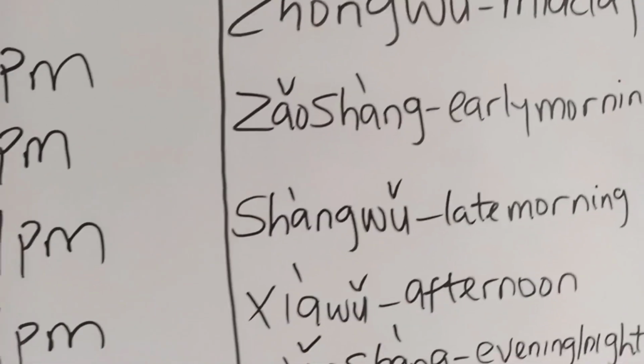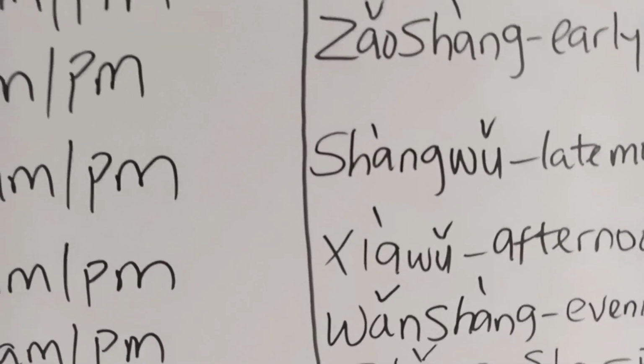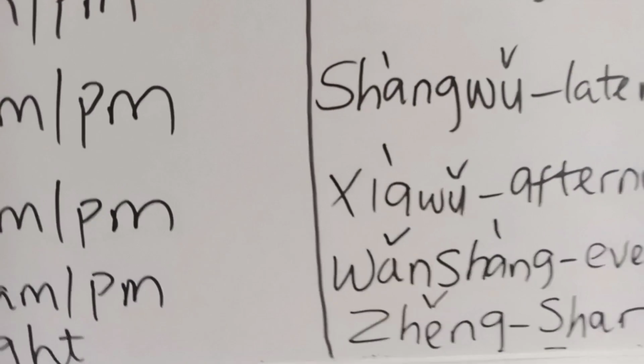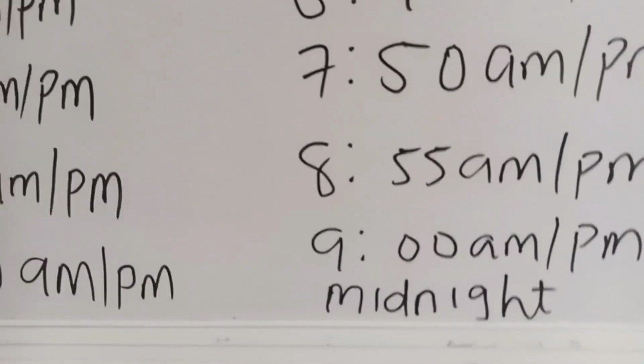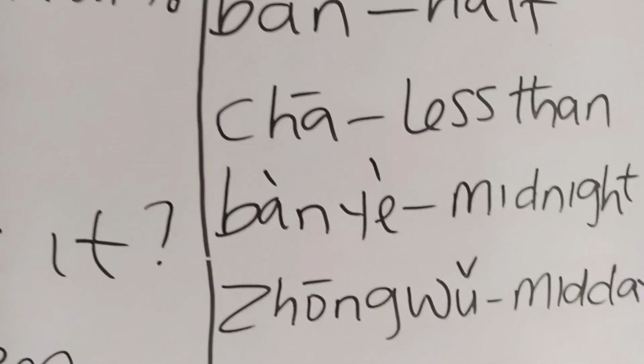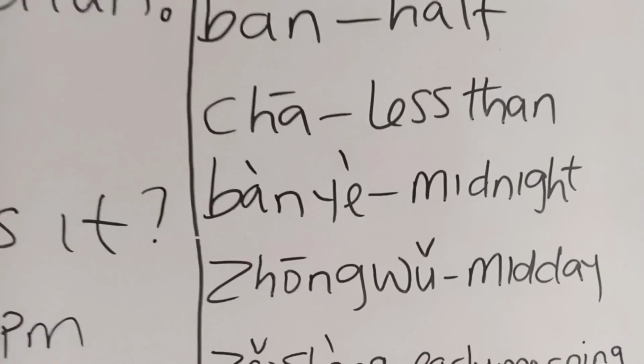And by saying 上午, we know it is late morning. It cannot be 下午 because there is no 9 o'clock in the afternoon. So you can only say 晚上9点钟, that is 9 p.m. The last one there is midnight. Midnight is what? 半夜. If I say 现在半夜, I'm saying it is midnight.